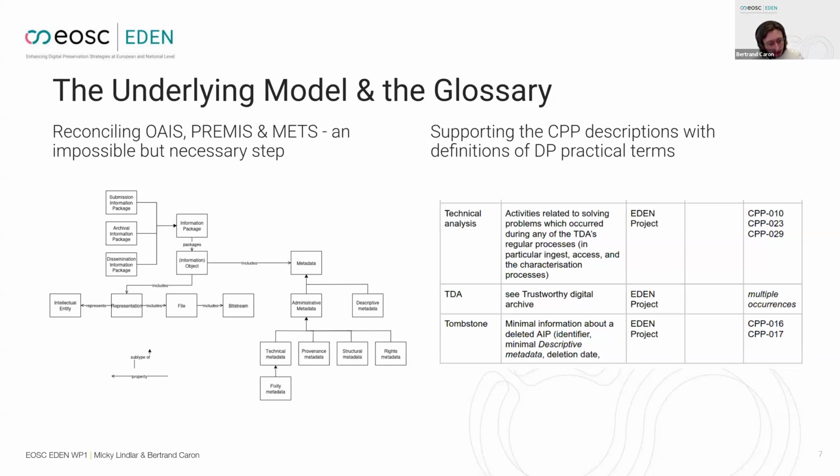And these are, of course, the OAIS that provides the information package notion, the PREMIS data dictionary that provides the digital object notion, and METS, metadata encoding transmission standard, that provides the metadata notion. And each of these have different subtypes that we adopted. So the importance of having notions that are defined in relationship one to another.